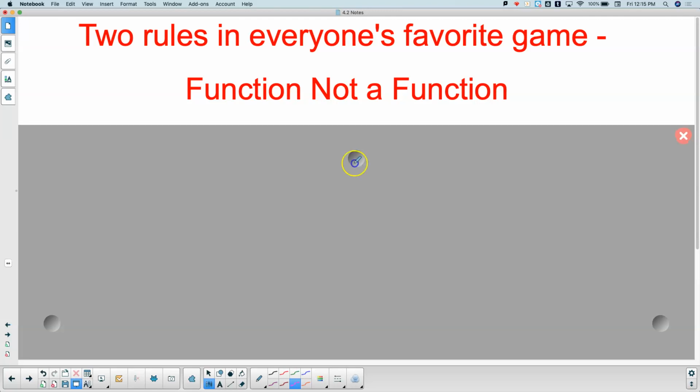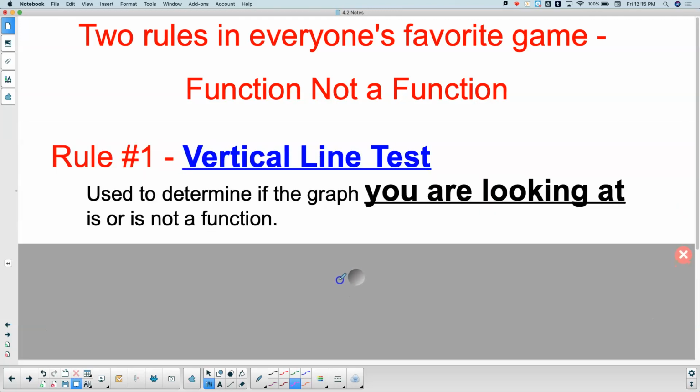I am going to use the vertical line test to determine if what I'm looking at is or is not a function. Remember, the vertical line can only touch the graph in one spot. If that's the case, we've got ourselves a function.